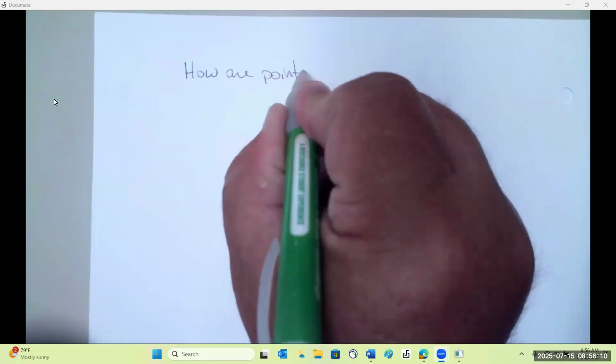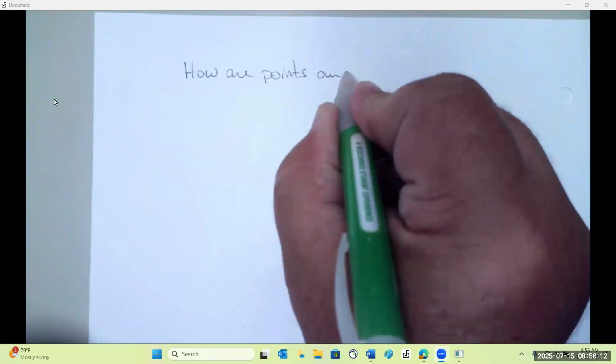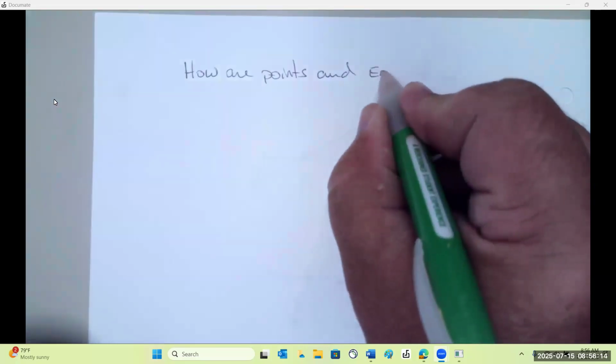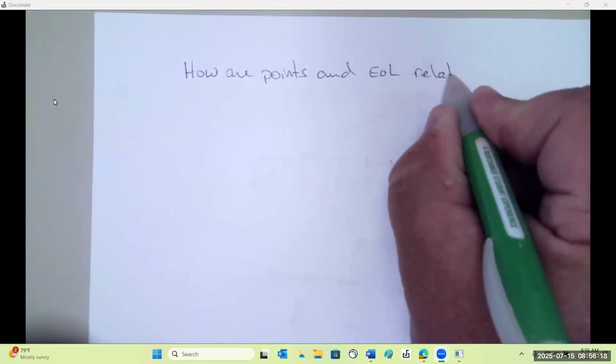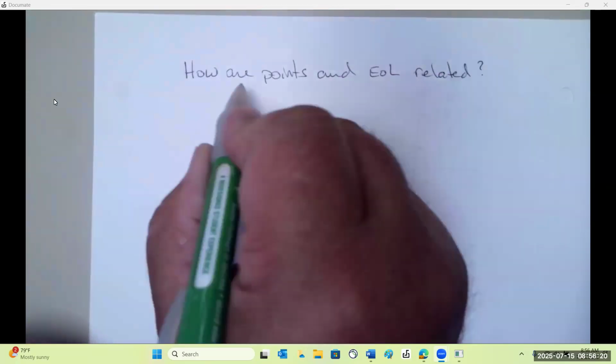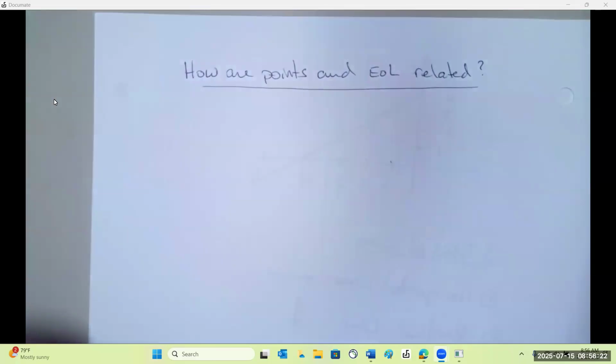How are points and equations of lines related?